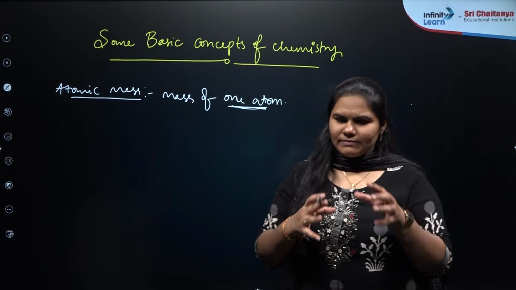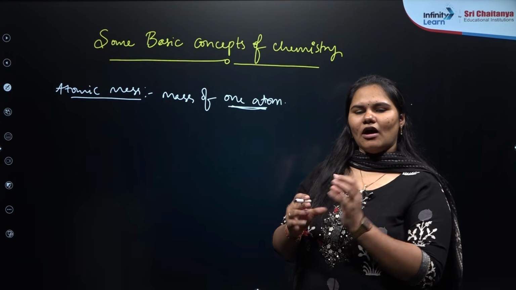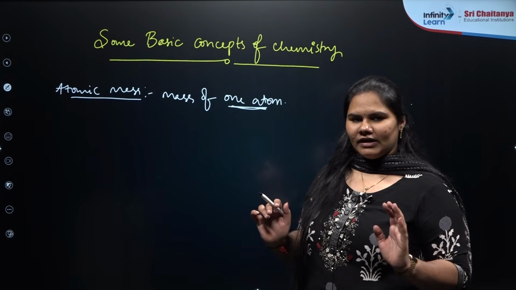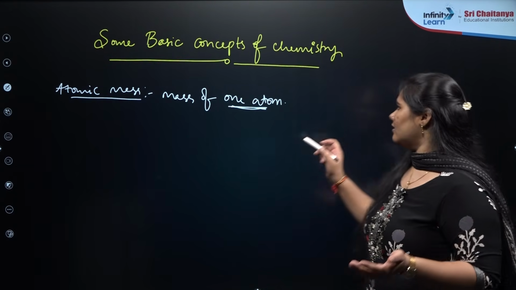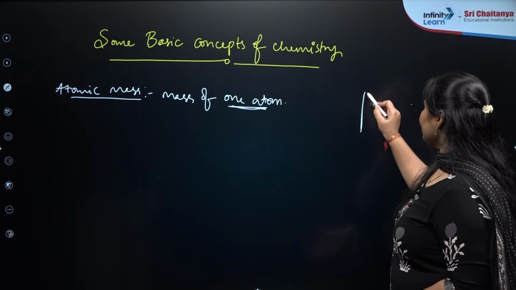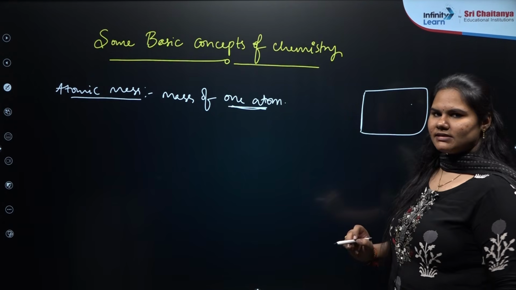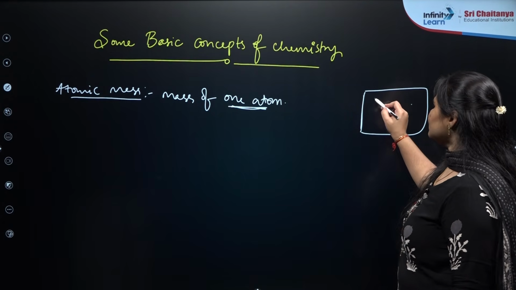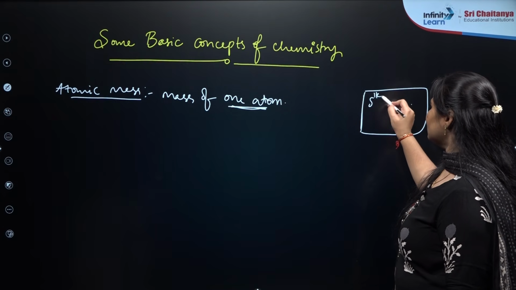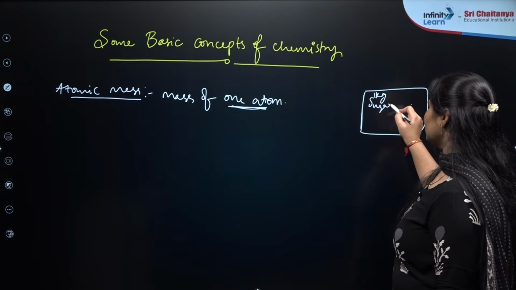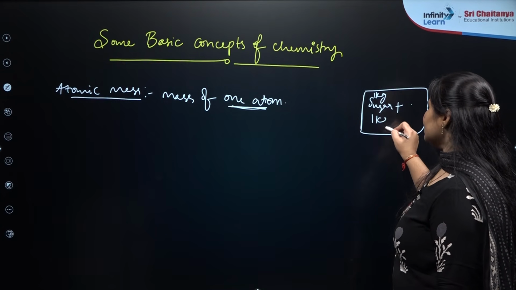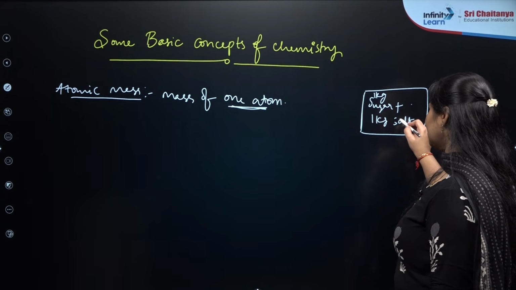Now we simply want to calculate how much is there inside an atom. Before going to that, let me give you an example. Imagine we have a container with 1 kg sugar and 1 kg salt in it.